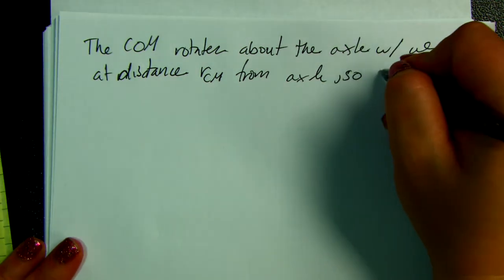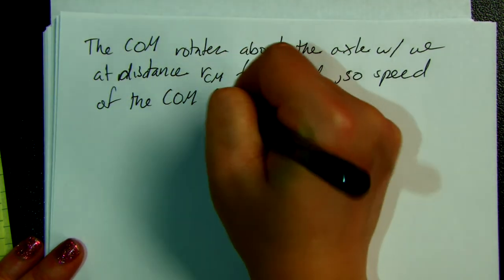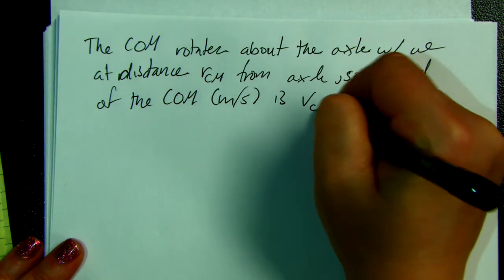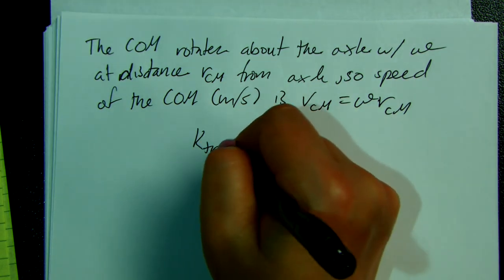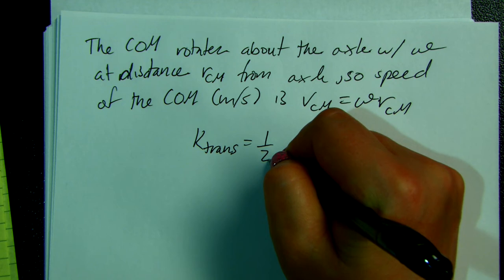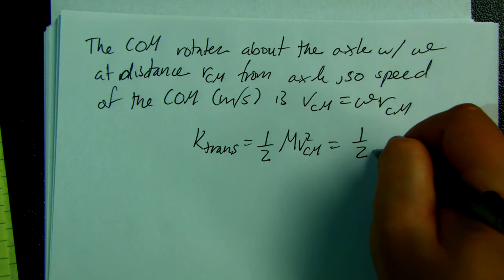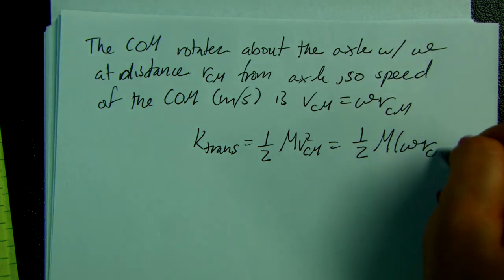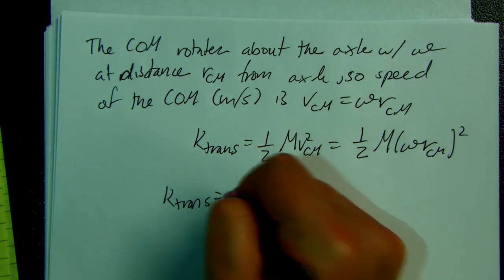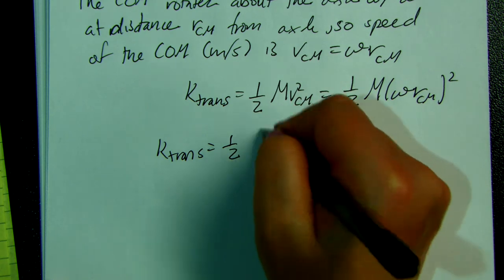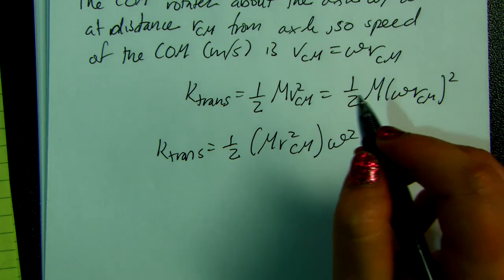So the speed of the center of mass in meters per second, VCM, is equal to omega RCM. So K translational is equal to 1/2 m vCM squared, which is 1/2 m (omega RCM) quantity squared. K translational, just to repeat, is 1/2 m RCM squared omega squared.